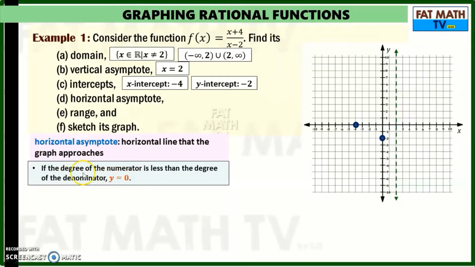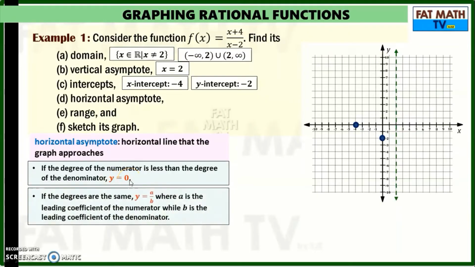So if the degree of the numerator is less than the degree of the denominator, the horizontal asymptote is y equals 0, or simply the x-axis. But if the degrees are the same, therefore the horizontal asymptote is y equals a over b, where a is the leading coefficient of the numerator, while b is the leading coefficient of the denominator.